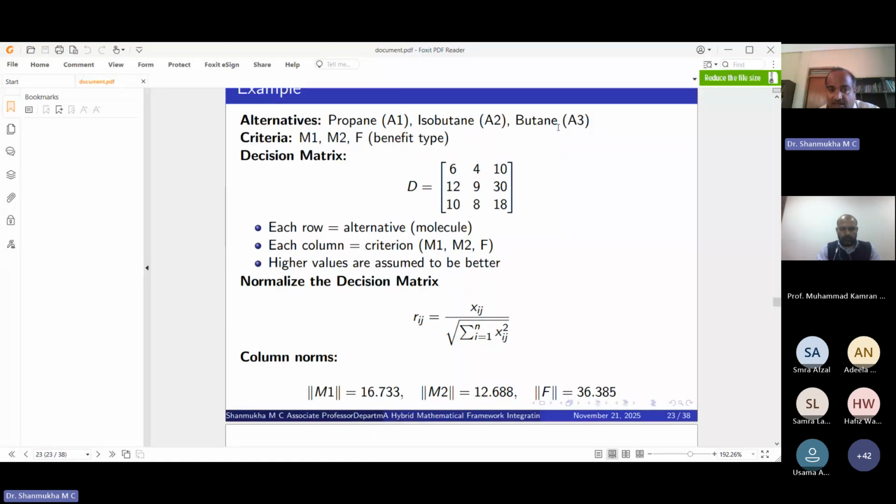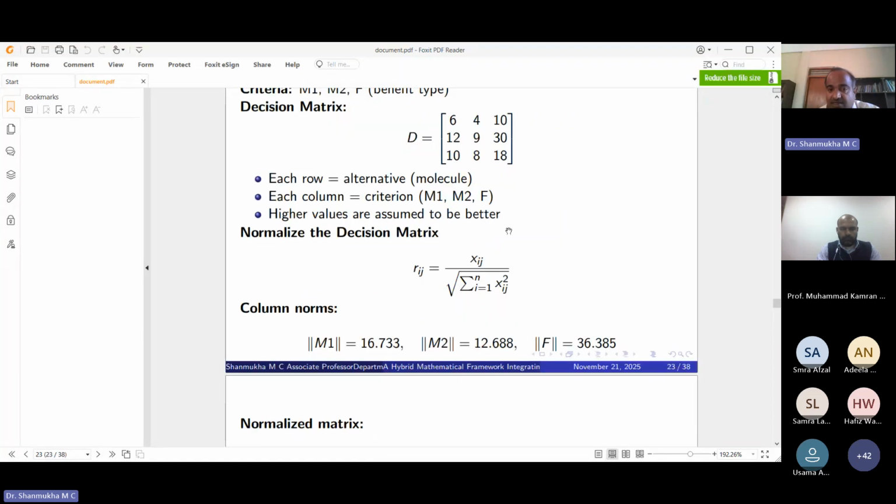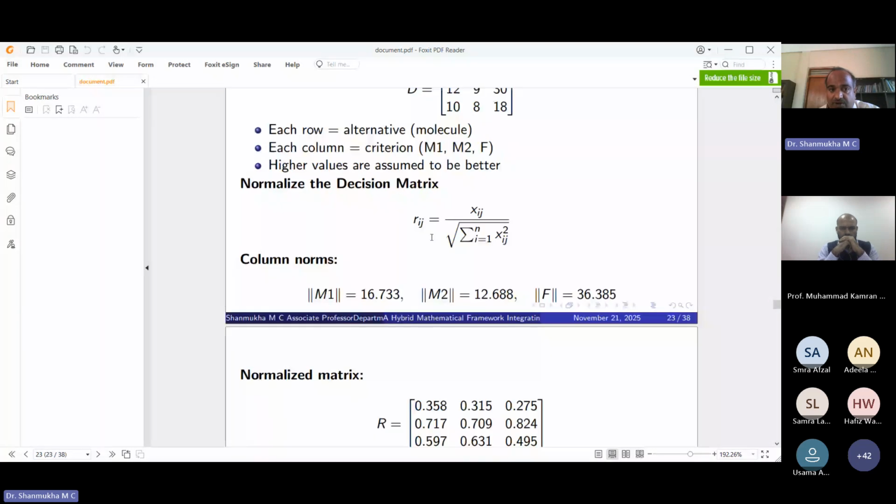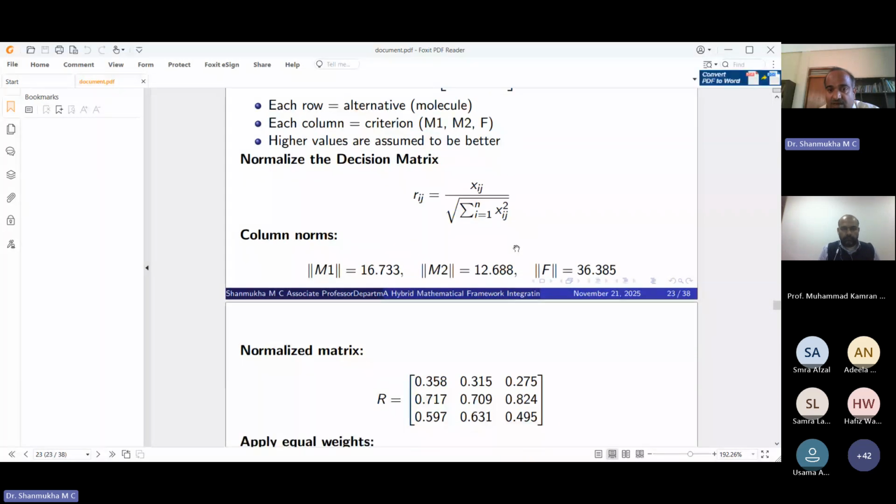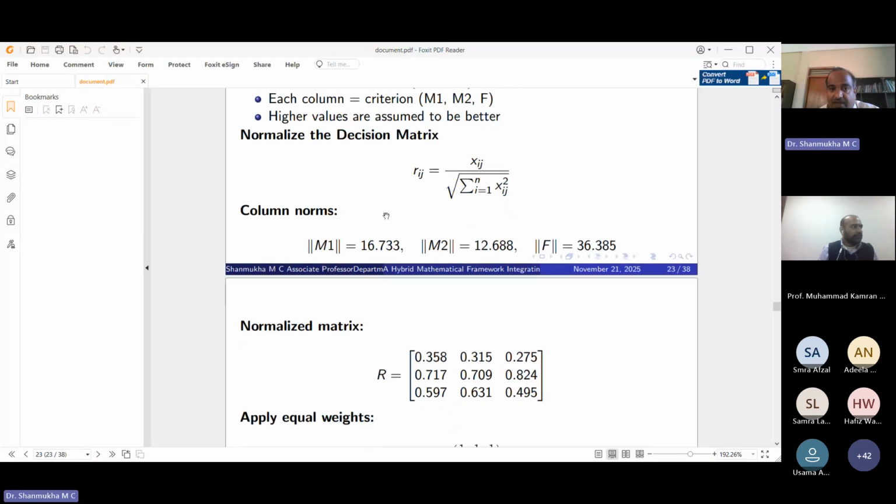So then normalize the decision matrix. The formula to compute it is Rij is equal to Xij upon the square root of the summation of Xij whole square, where i varies from 1 to n. So we normalize the matrix.